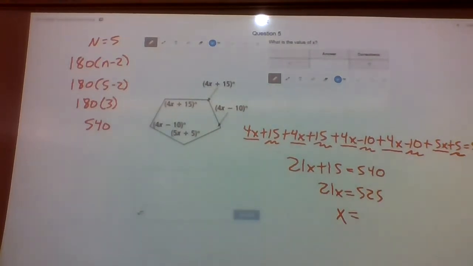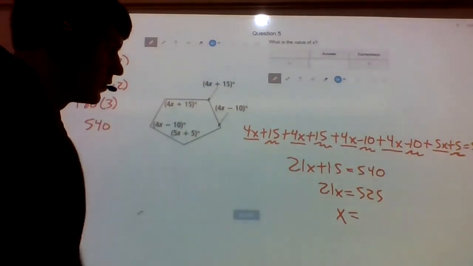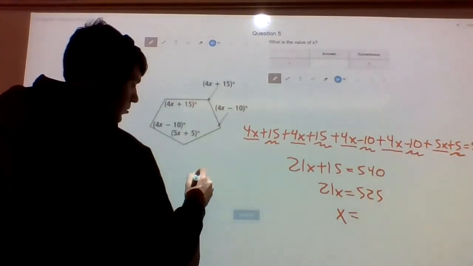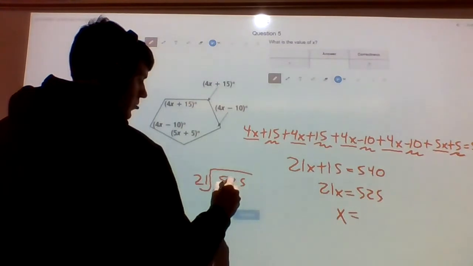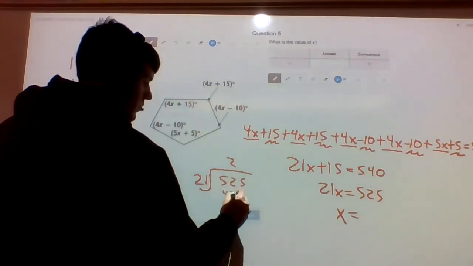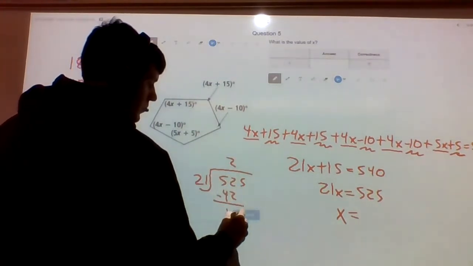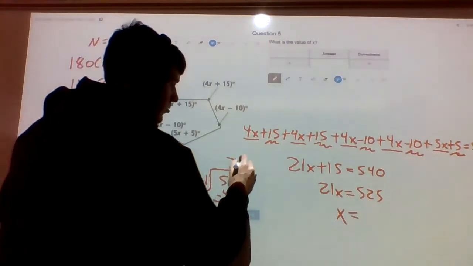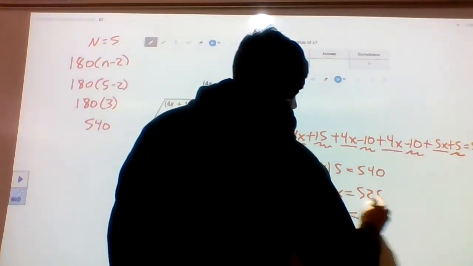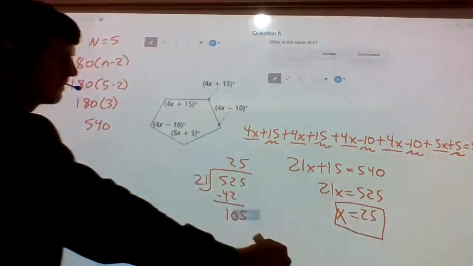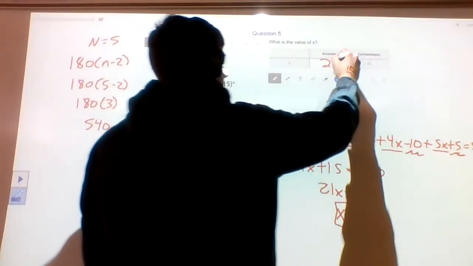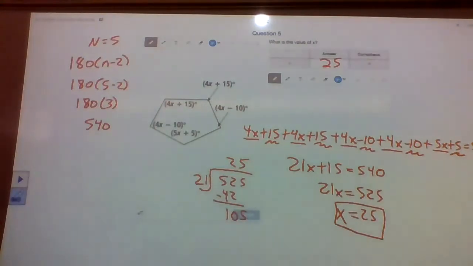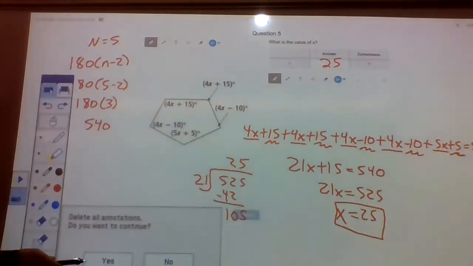Well, we don't want to go to the calculator. That's going to go in 25 times. Right, so x is 25. Right, and now we got 2 more. I don't know if I want to do all of them for you. Let's look at them.